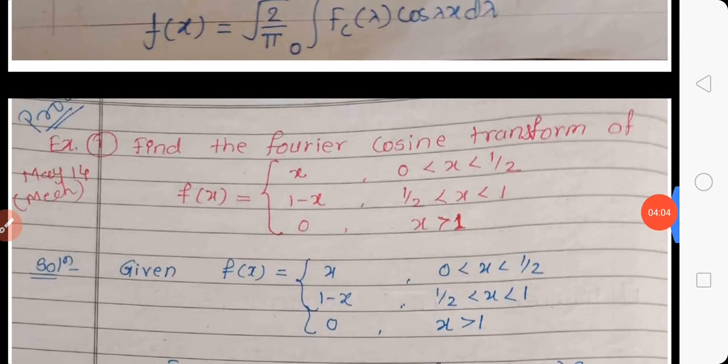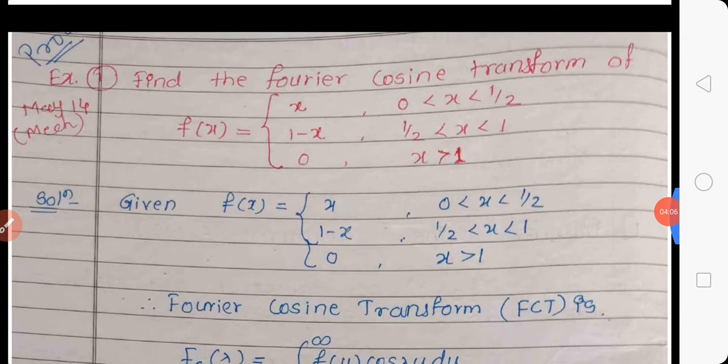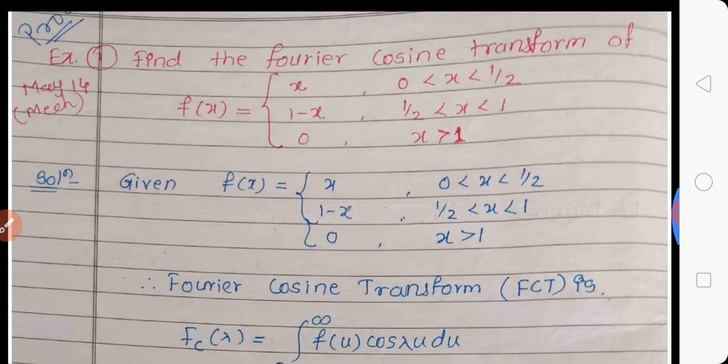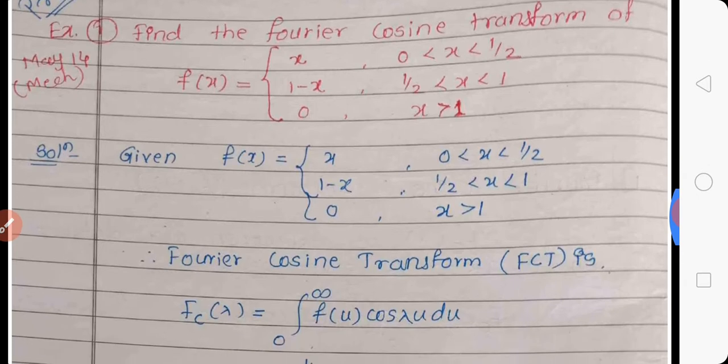Now we see an example of the Fourier sine and cosine transform. In the first example, we find the Fourier cosine transform of the function f of x, where f of x is equal to x for x between 0 and half, 1 minus x for x between half and 1, and 0 if x is greater than 1.